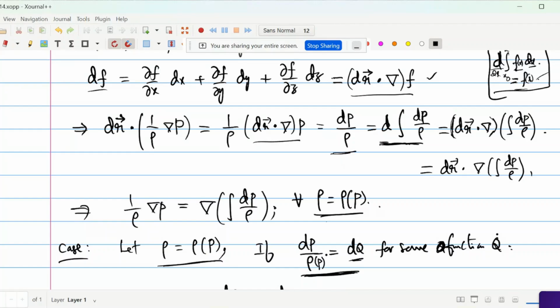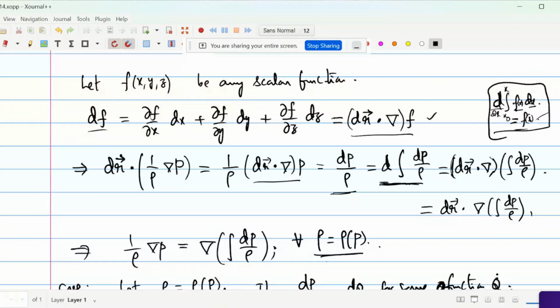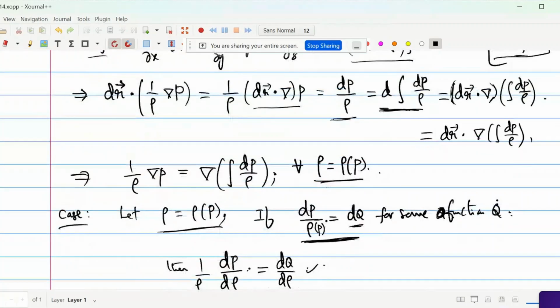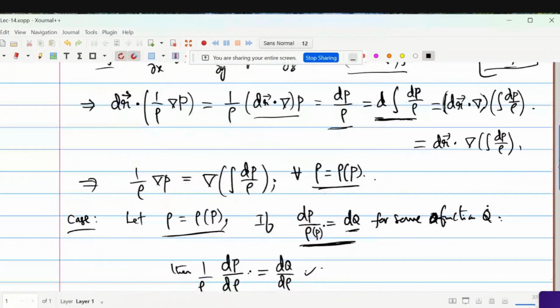About that one, d means simply one derivative. If rho is rho of p, you don't know what that integration is, so you simply write it like this: dp by rho equal to dq. So this is your Q, which we actually calculated.